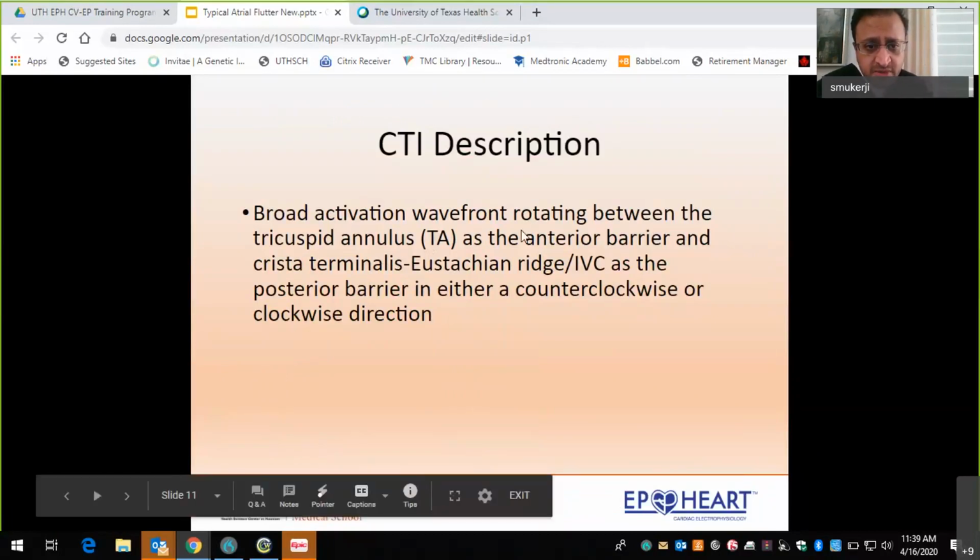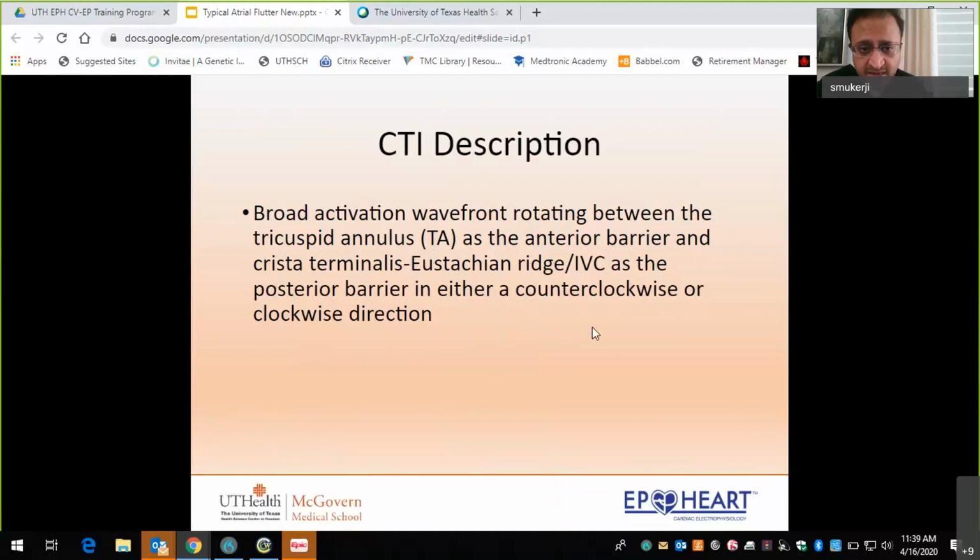So like I said, just to reiterate, it is a wavefront that rotates around the tricuspid annulus. The tricuspid annulus is where the RA opens into the RV, and the IVC joins the RA. That's the anterior barrier.